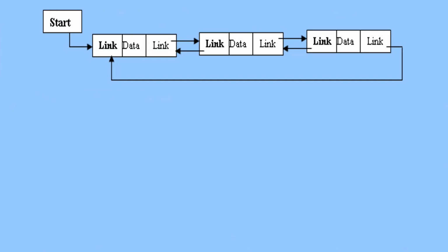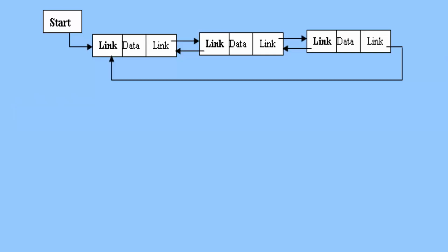Each node has one member pointing to the next node and to the previous node. And therefore, like in the first one, the last member called link is pointing to the memory location for the next node.